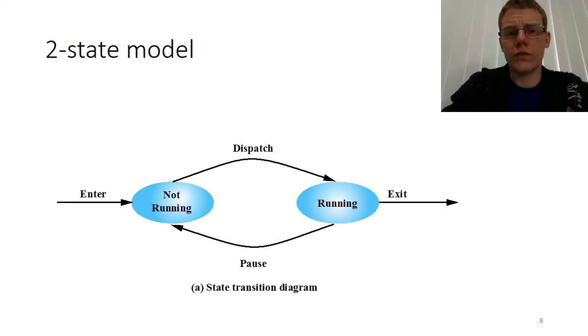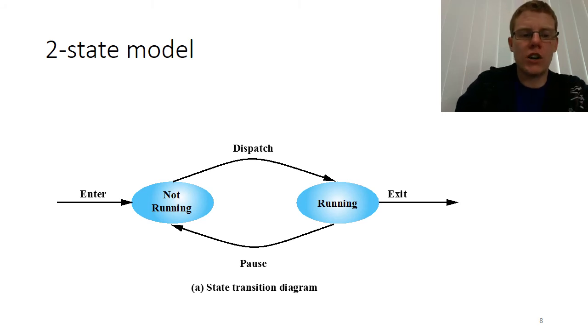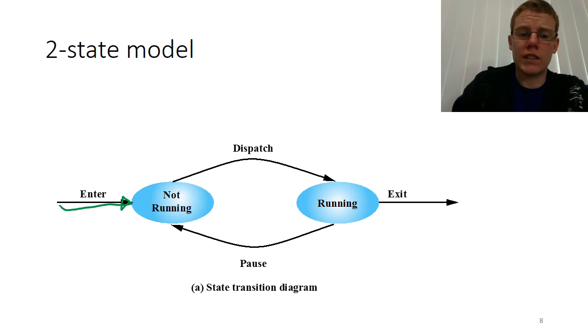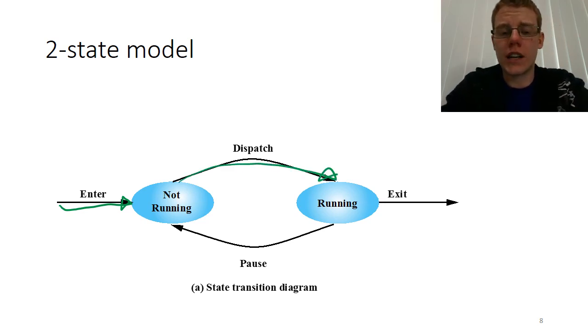A graphical model for this simple two-state model is shown here. So we have our running and our not running state, and then we can imagine this situation as a finite state machine, where if the process enters the system, we start out in the not running state, because obviously there might be a process already running. When the dispatcher runs and sends that process off, then we can transition the process into the running state.